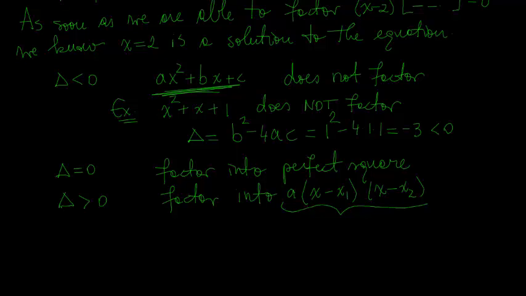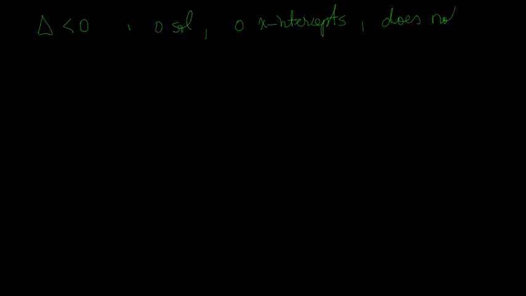So again, to understand this delta, it's really important that we understand what we use it for. If delta is less than 0, then I will have, in the case of equations, 0 solutions. In the case of functions, 0 x-intercepts. And in the case of an algebraic expression, the expression will not factor.